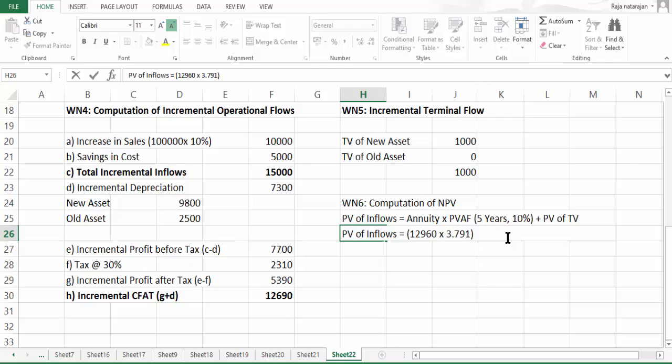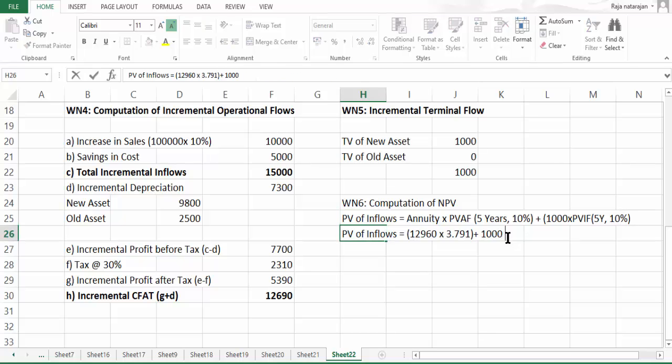Then I should also have the present value of terminal value, right? So what is my terminal value? It is 1,000, and that should be multiplied by PVIF. Present value of terminal value is nothing but 1,000 multiplied by PVIF across the fifth year for 10%.